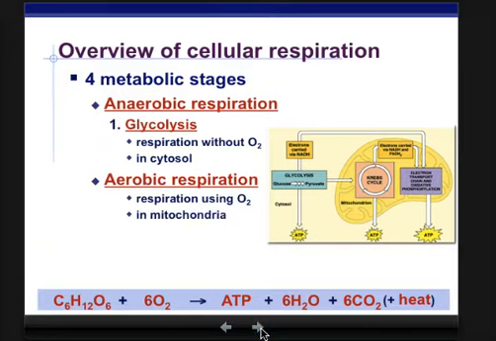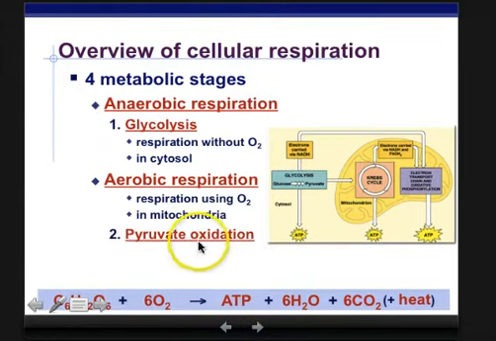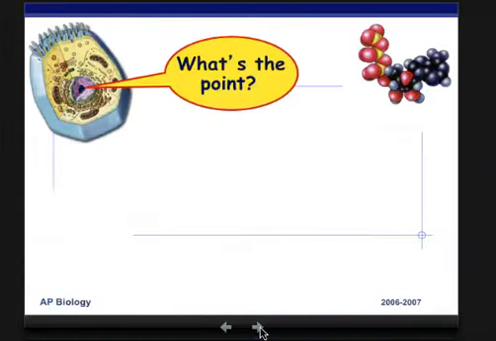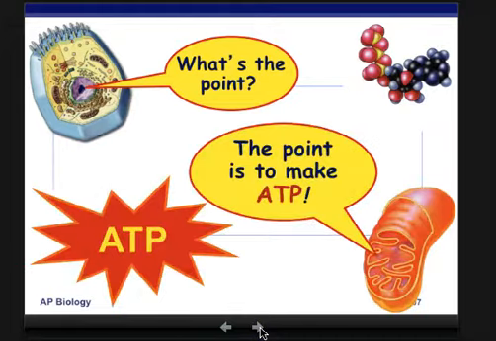Those parts are pyruvate oxidation, the Krebs cycle, and the electron transport chain. You don't need to copy this down. We're going to go over it in major detail in the next couple videos. But that's to give you an overview of where we're headed. And what's the point of all this? To make ATP. It's very complicated, but we're going to get there.